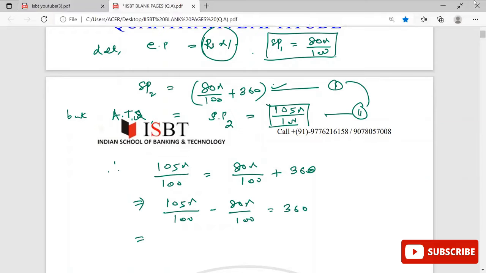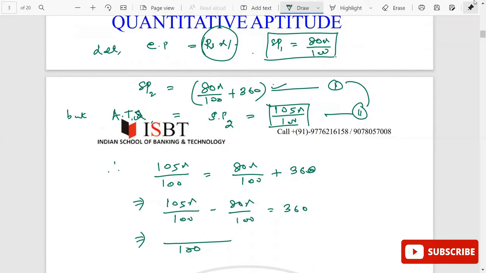Now we take the LCM 100: 105x minus 80x is equal to 360.